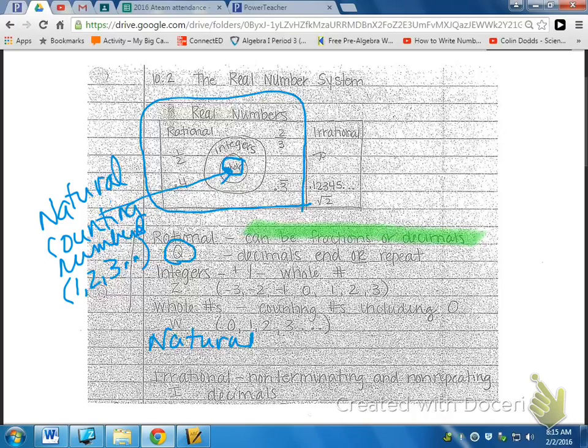When it says decimals that are rational, decimals that end, like 0.5 or 0.25, those would be rational. Or if they are repeating decimals, those definitely would also be rational, because with both of those kinds of decimals, you can make fractions out of them.